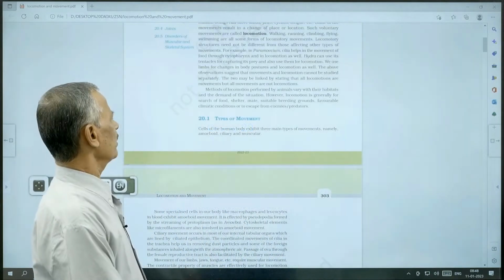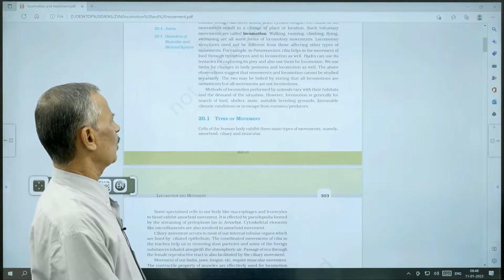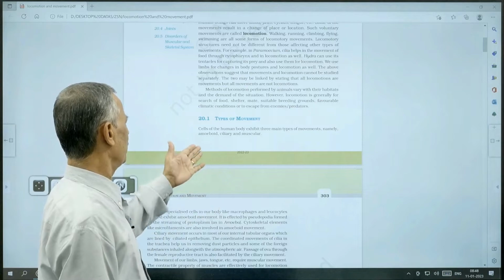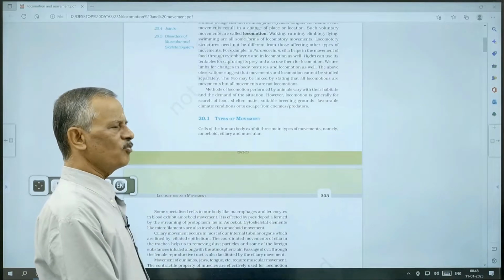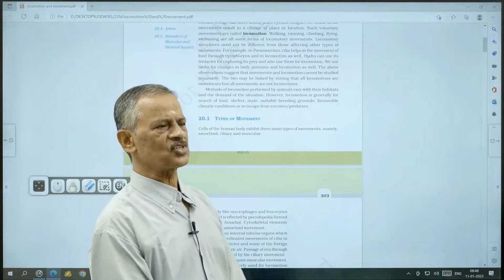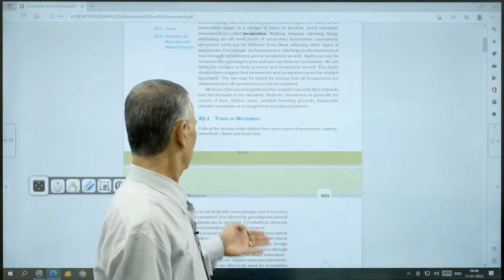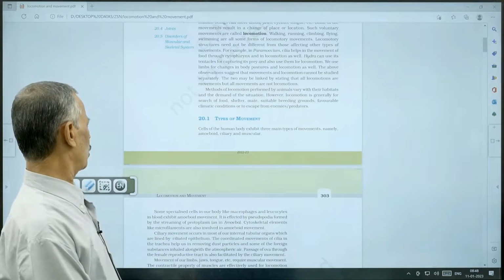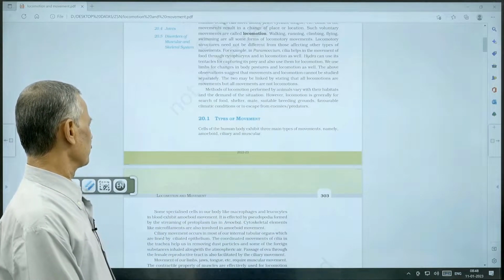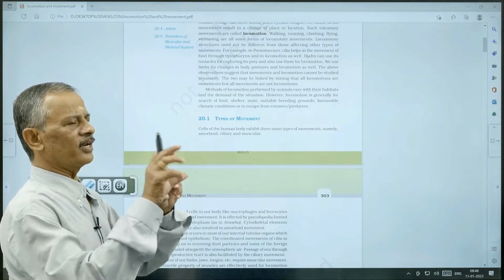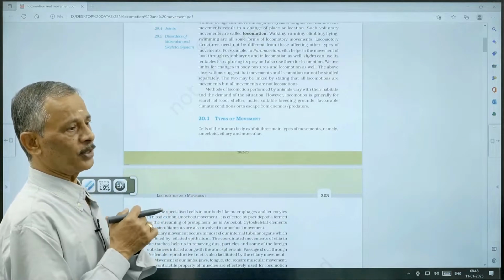Okay, we are having three types of movements. Amoeboid movement is a type of movement shown by some specialized cells of the WBC, like the macrophages, leukocytes, etc., that have the ability to produce pseudopodia.